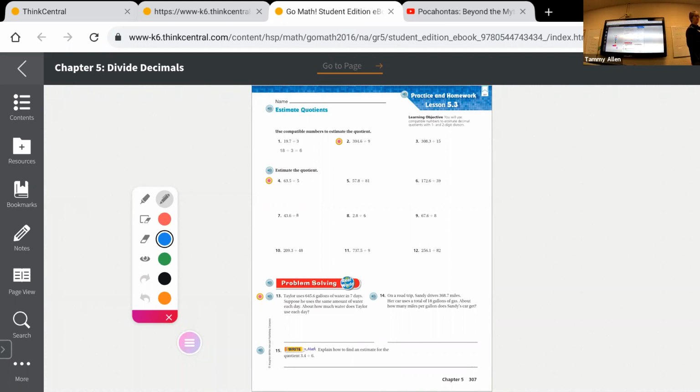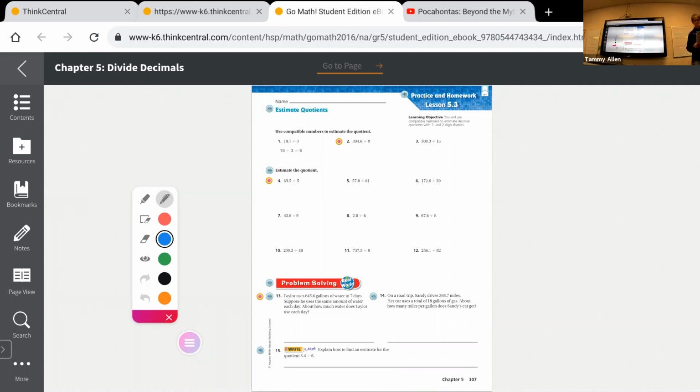I do believe I read that, did I not? All right. Number 6. The most logical one there would be 160 divided by 40 equals 4. I don't know if there's any others that would be close that would be considered compatible. Ezra? 80 and 30. That would be too far away.